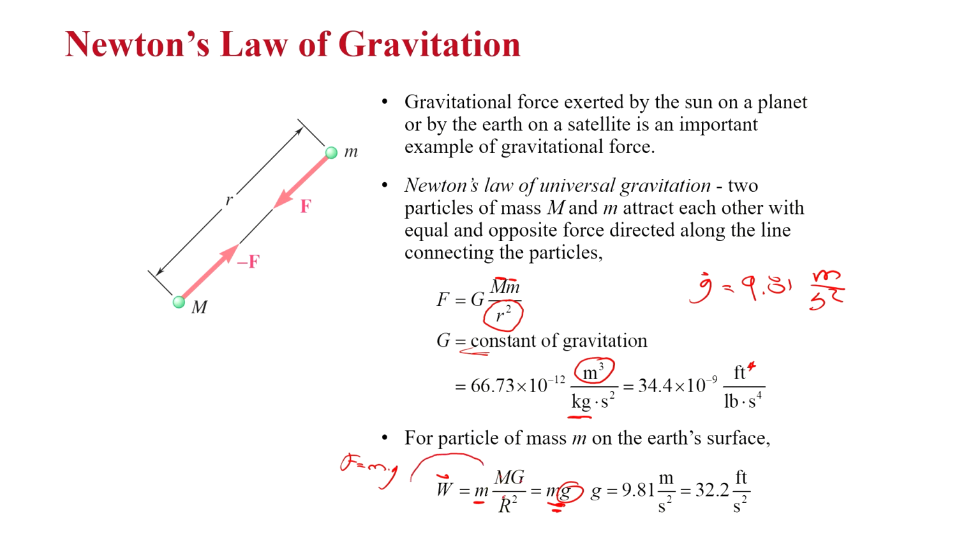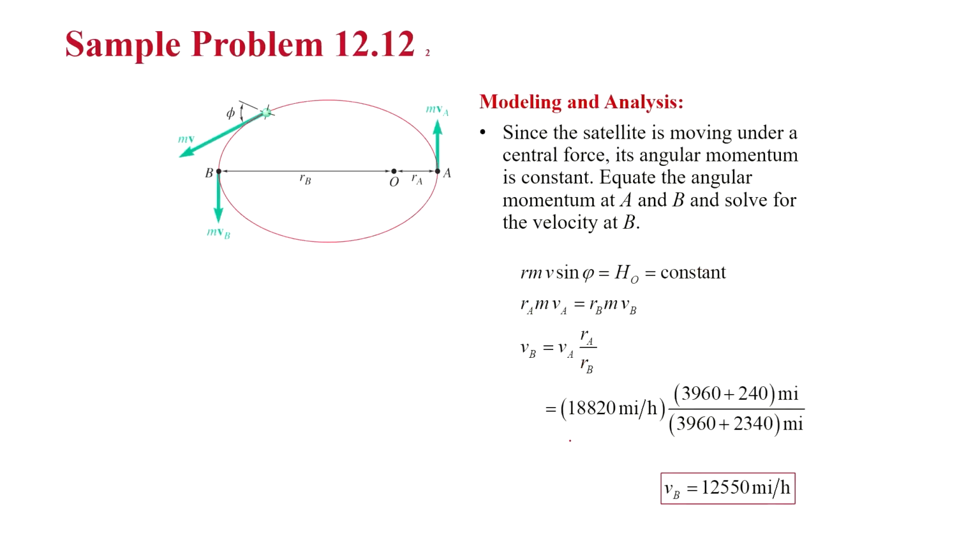So if you want to look at why we have 9.81 meters per second squared from this gravitational constant, you should look in the book or the references online. But I want to go ahead and do this example.